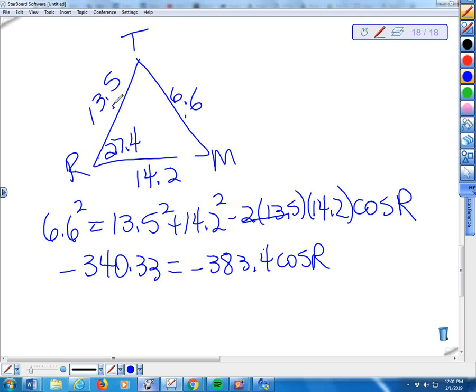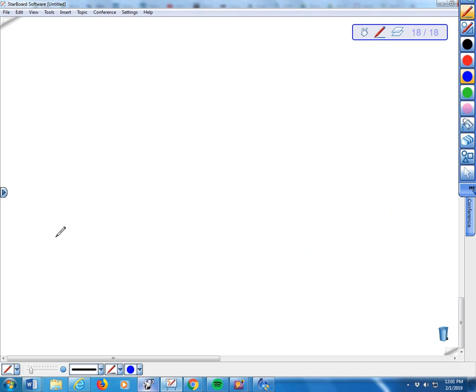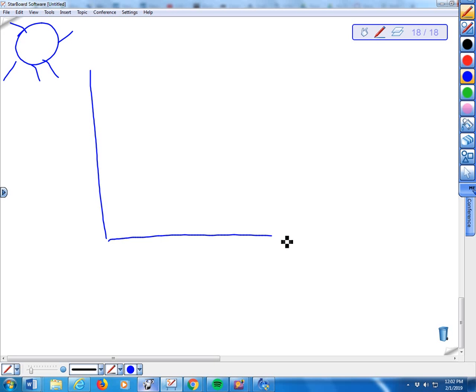All right, next question, number 7. The shadow of a tower, I'm going to draw a tower, when the angle of elevation is 54, so my sun's here, and it's shining down, and this angle to the tower is 54 degrees.